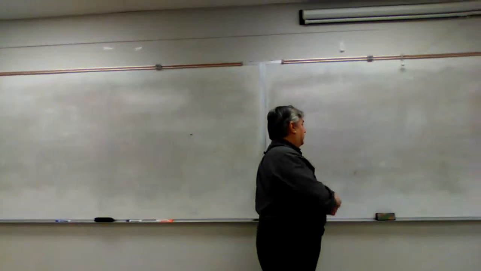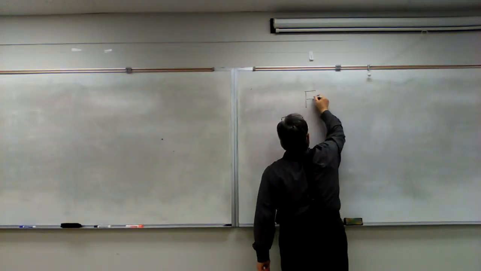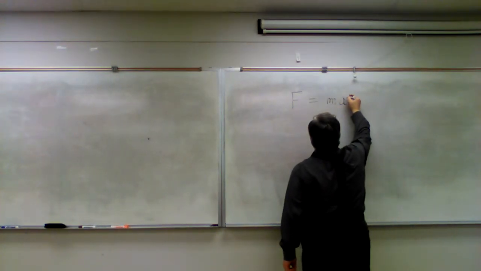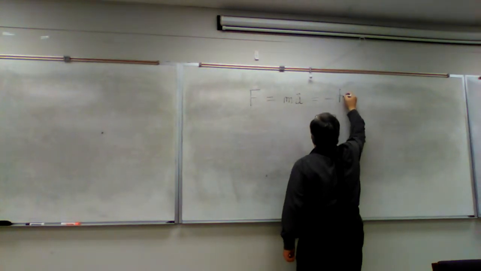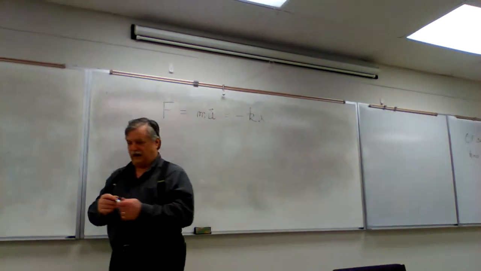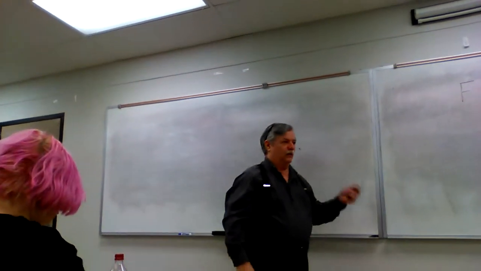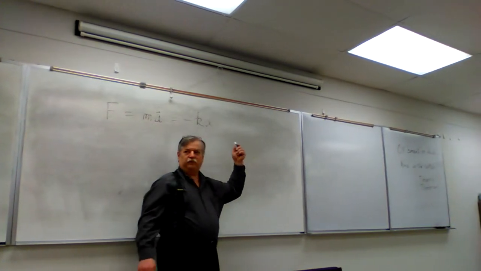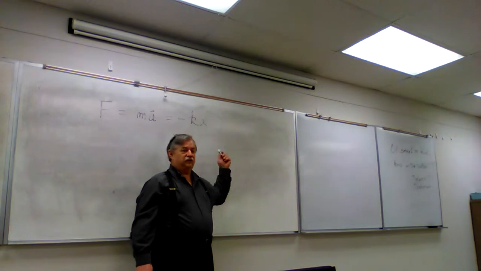Now, when you have a spring, you do have a spring constant, F equals minus kx. That describes the amount of force that the spring is going to apply to whatever mass it's operating on.